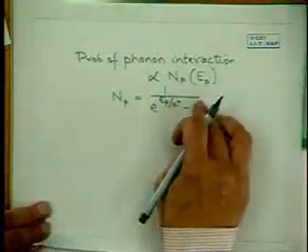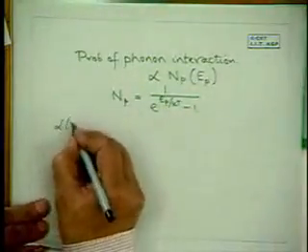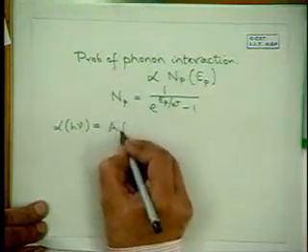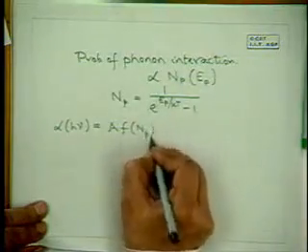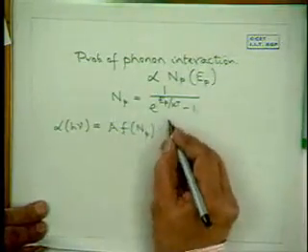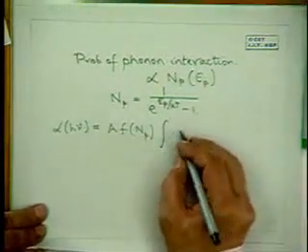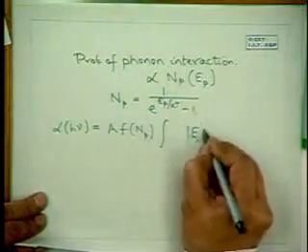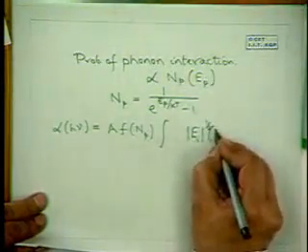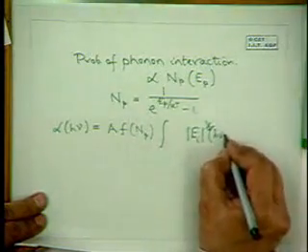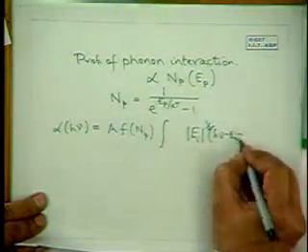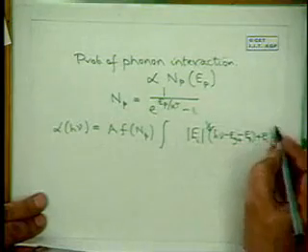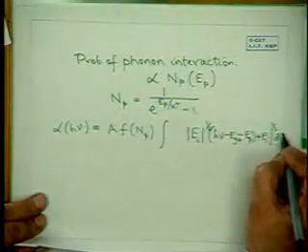So if we put this in, the expression of the absorption coefficient for an indirect gap semiconductor comes to a constant F, probability of interaction with phonons, integral EI to the power half, h nu minus EG minus plus EP plus EI to the power half dEI.